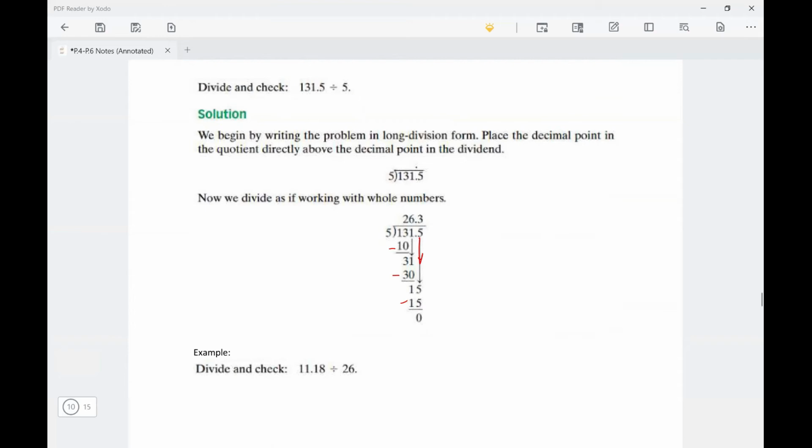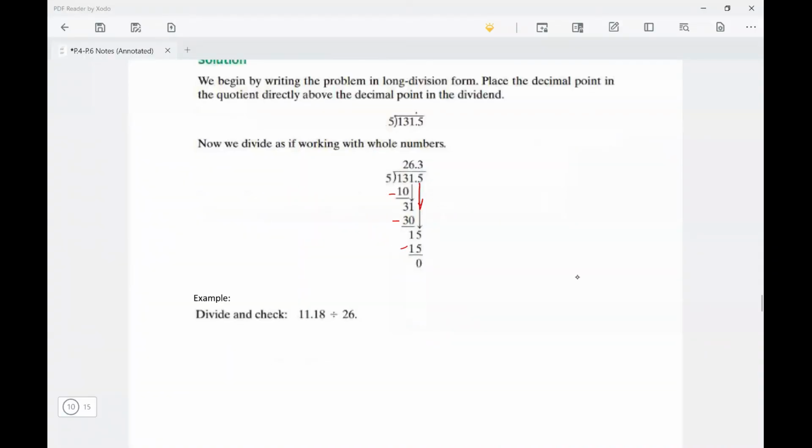I multiplied 5 by 2 to get 10, 5 by 6 to get 30, and 5 by 3 to get 15. So whatever we're multiplying that 5 by when we're subtracting numbers out is going to be our final answer. So if we divide 131.5 divided by 5, we get 26.